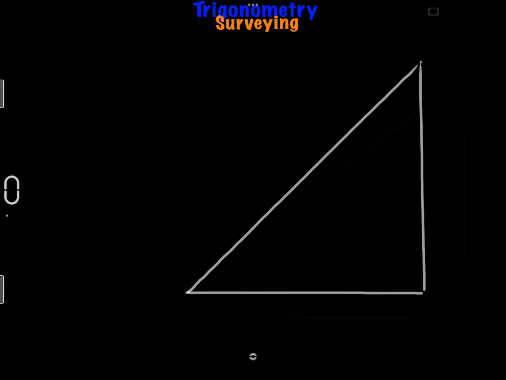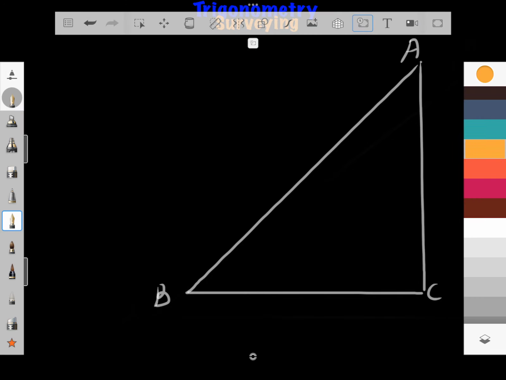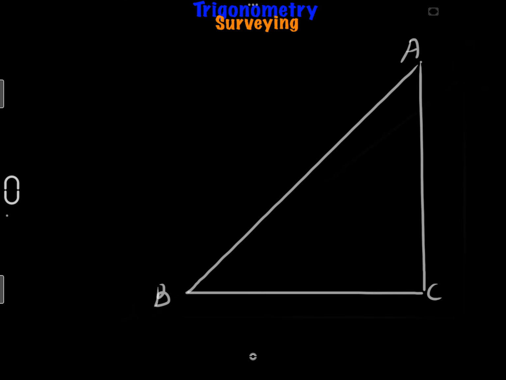Okay. Now in this case we have 3 angles: angle A, angle B, and angle C. Now at each angle we have individuals who are actually measuring these distances across the different parts of this dam.